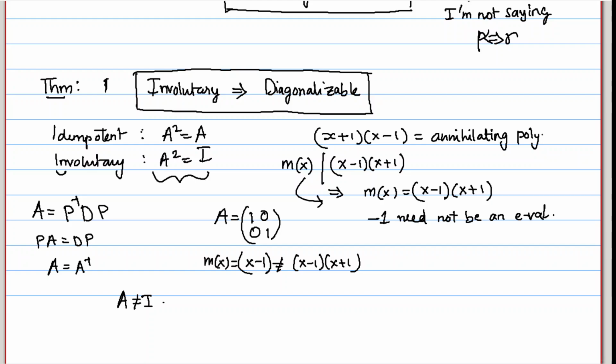Okay, but -1 has to be an eigenvalue. I'm thinking about some other way.